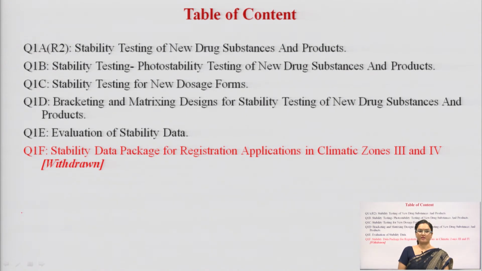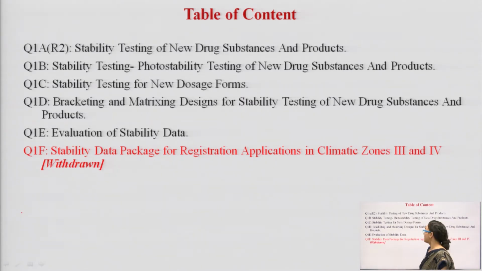So in today's lecture, we will discuss Q1A R2 guideline, that is for stability testing of new drug substances and product. Q1B guideline, this guideline is for stability testing, specifically photostability testing of new drug substances and product.